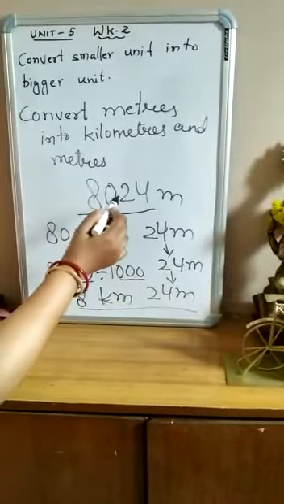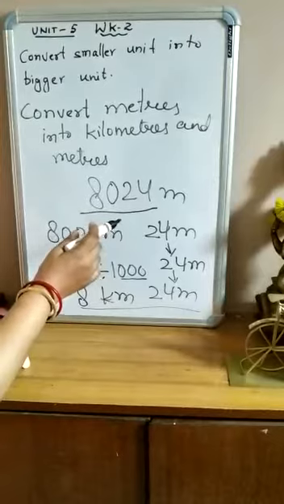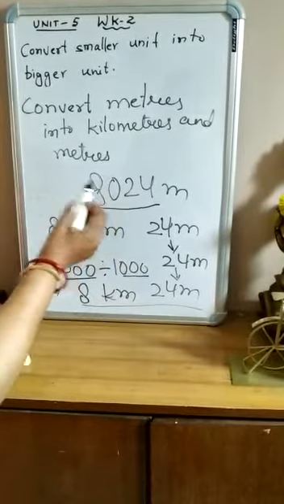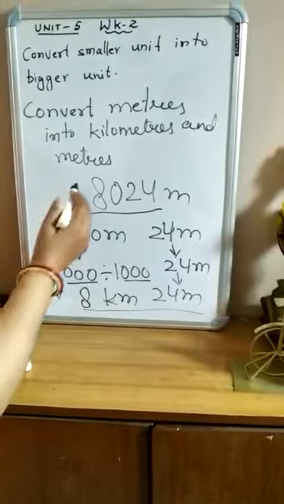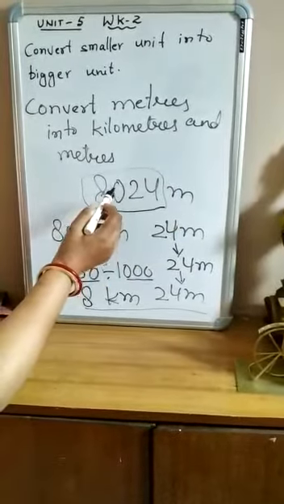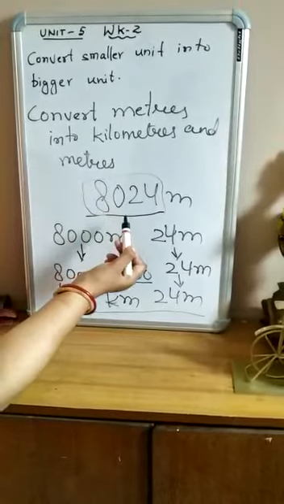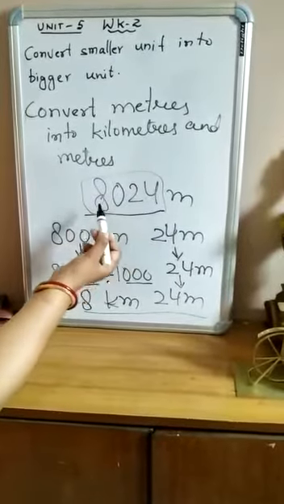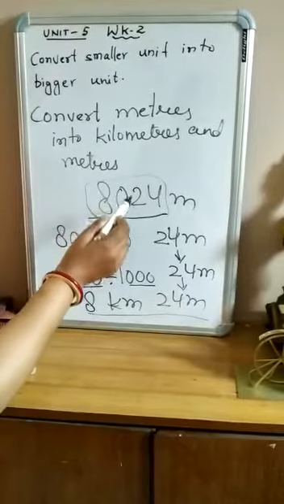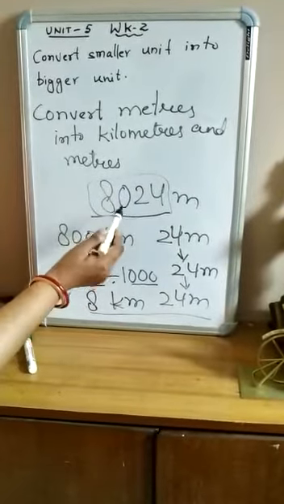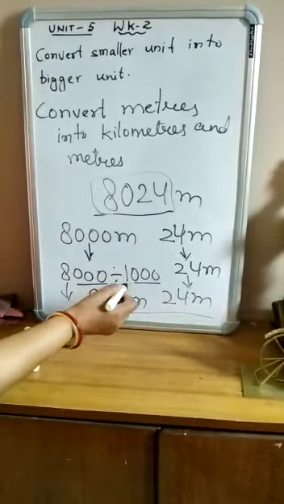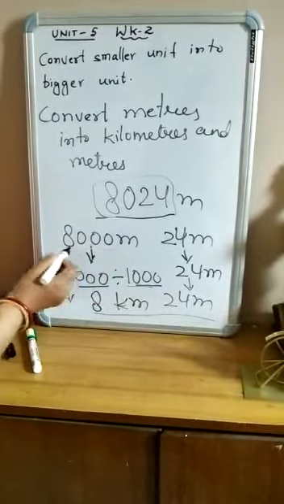In this way, in order to convert meter into kilometer and meter, we divide the number of meter by 1000. I have divided 8000 meter by 1000.